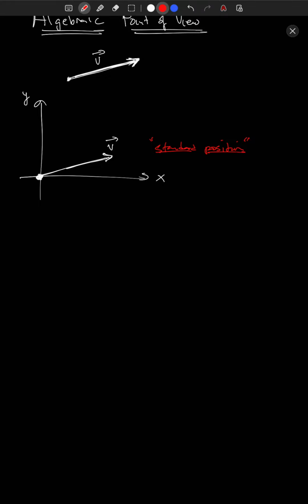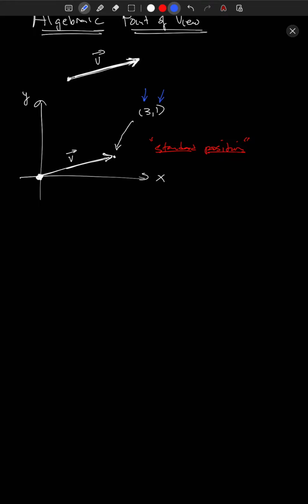And this is really important because once a vector is in standard position, we can describe it without having to draw pictures, because the position where its head is at, in terms of coordinates, say it's 3, 1, then this number 3 and that number 1 completely describe the vector.